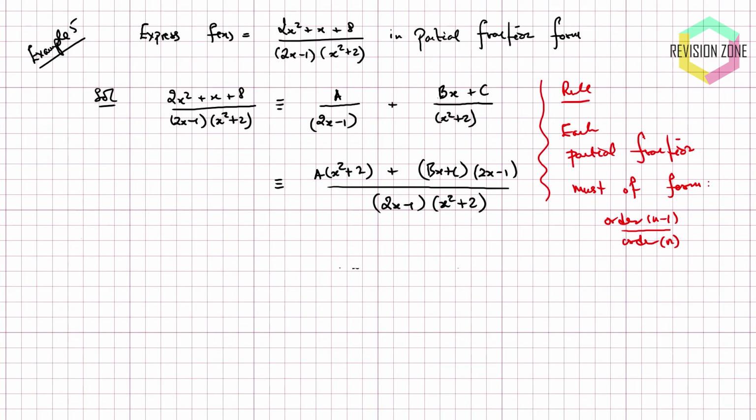But because I did the last part of this by equating coefficients, I'll carry on and just equate coefficients. So I say 2x squared plus x plus 8 is going to be equal to ax squared plus 2, plus bx plus c, and that's going to be times 2x minus 1.